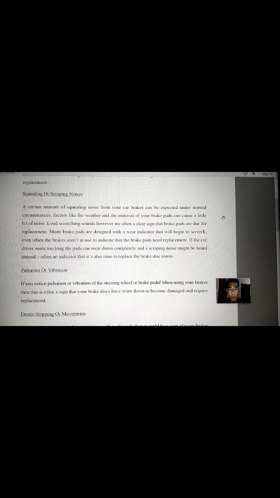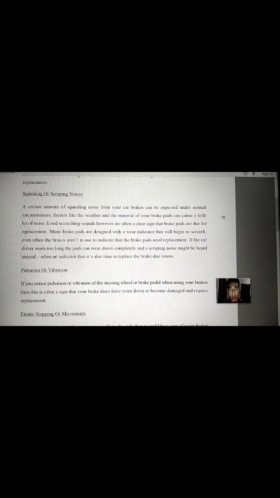Many brake pads are designed with a wear indicator that will begin to scratch, even when the brake is not in use, to indicate that the brake pad needs replacement.